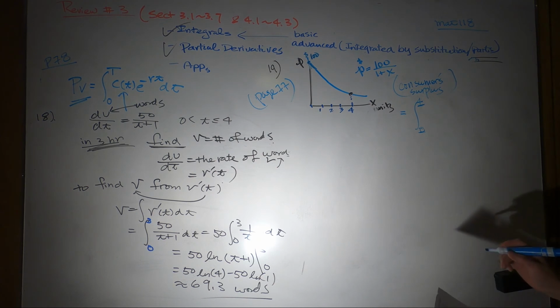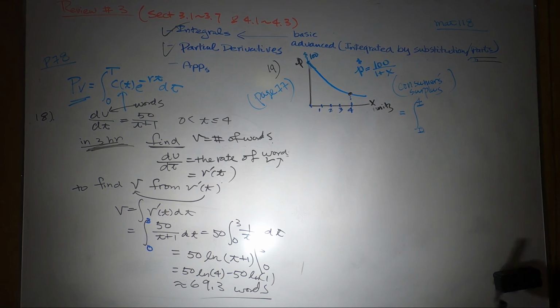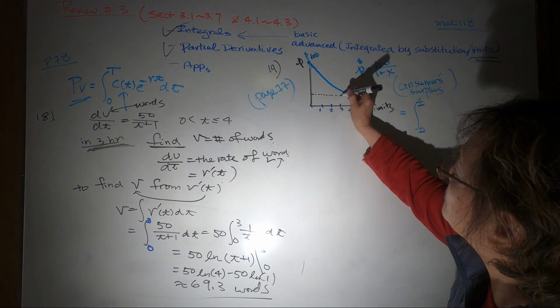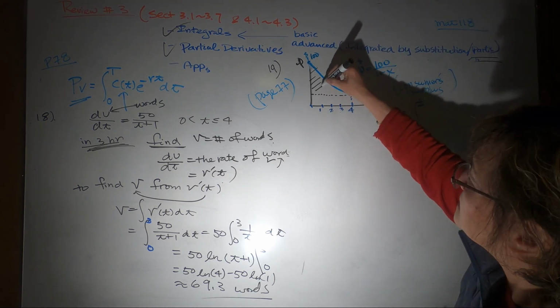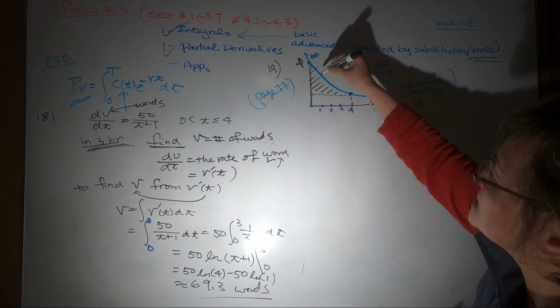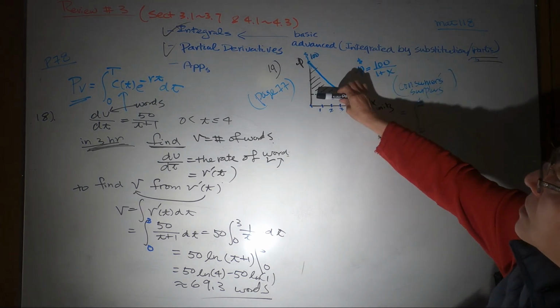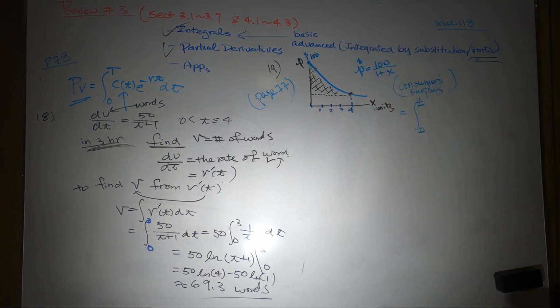Then you take the antiderivative of those. Consumer surplus is, when they reach the equilibrium point, the area underneath the curve above the balance point, all the things above it. That area will be the consumer surplus.